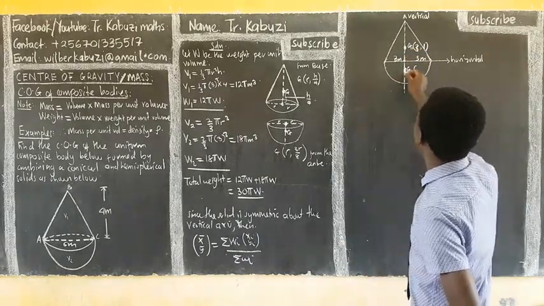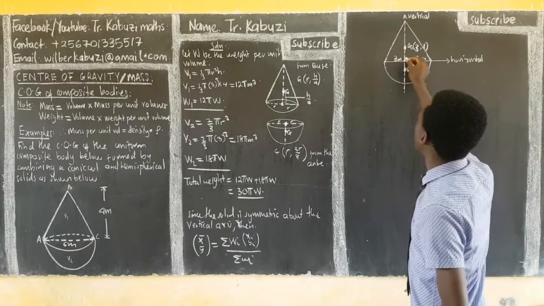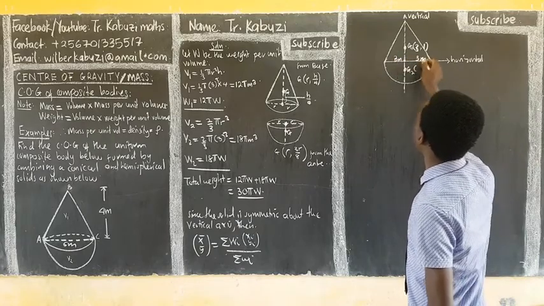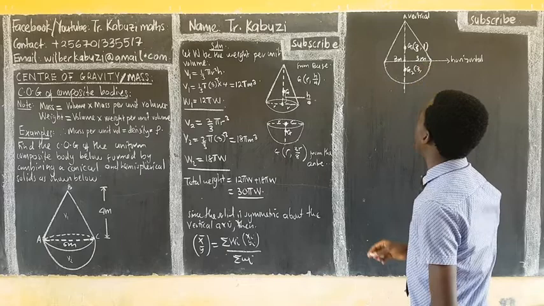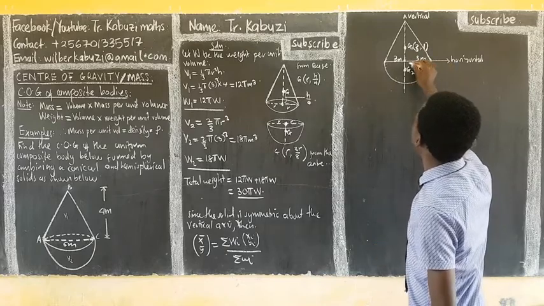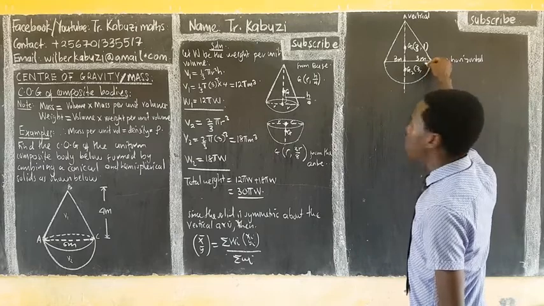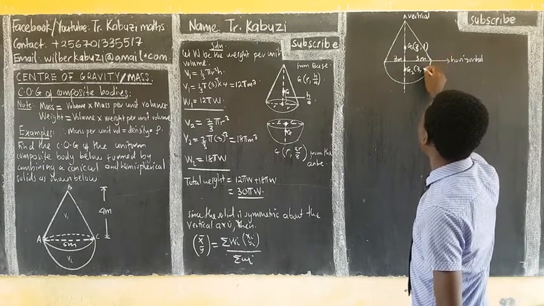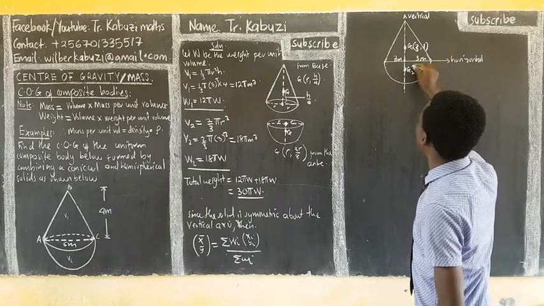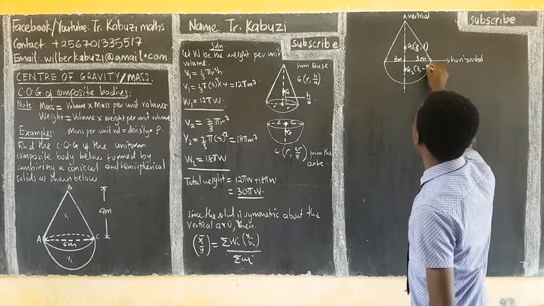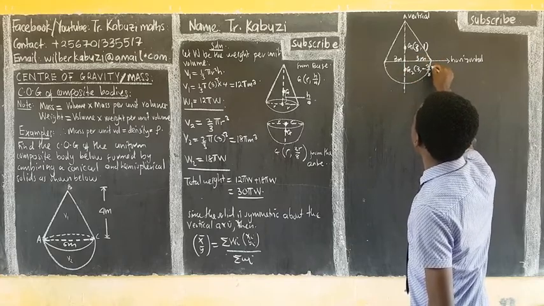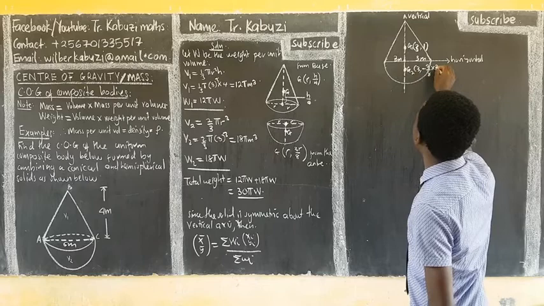Now, when we come to this, of course, from here up to this center is going to be 3. But the y from this is going to be negative because it sits below. So that's why I'm going to say this is going to be negative. To get this distance, it is 3 over 8 times the radius, which is 3.